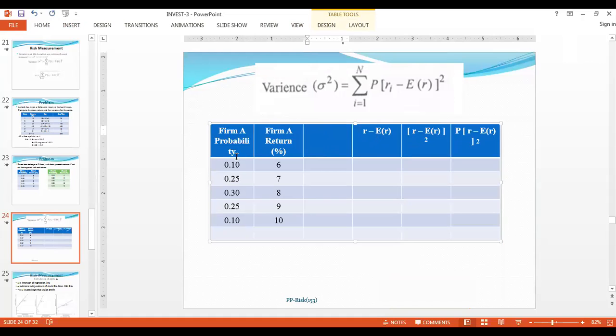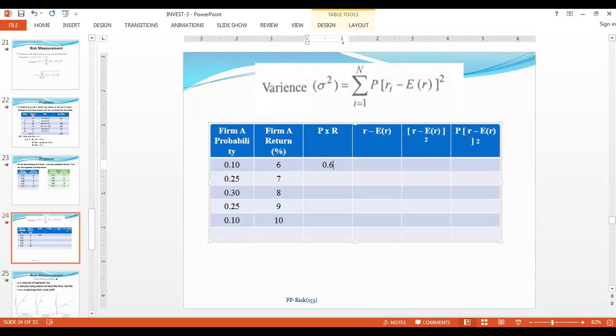Now what I need to do, I have to multiply probability into return. So if I multiply probability into return, what will I get? 0.10 into 6. What will I get? Will I get 0.6?